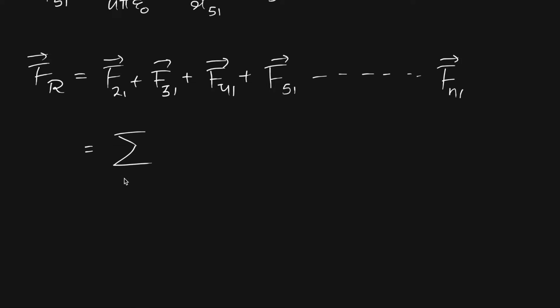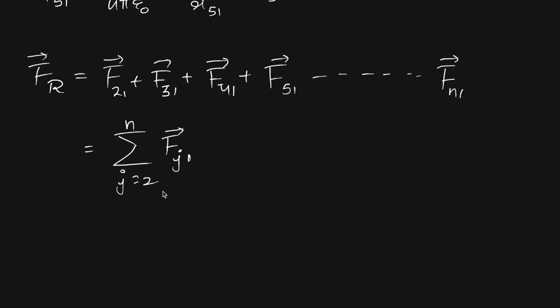The index, let me take it as j, goes from 2 to n, and do not forget that we can't take 1, because any charge does not apply a force on itself.